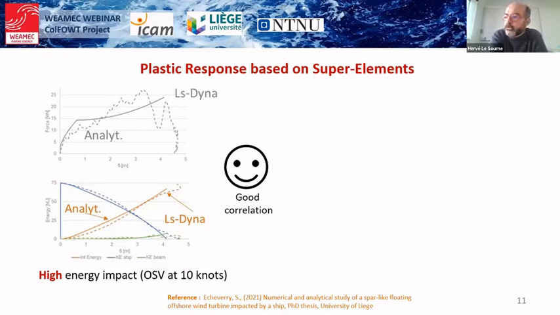The orange curve is the energy absorbed by deformation of the wind turbine, while the blue curve is the kinetic energy of the striking ship. So you can see that here, a quite good correlation is observed between analytical and numerical results.